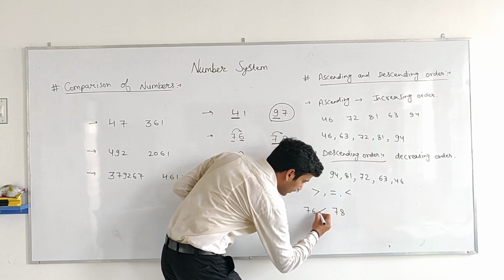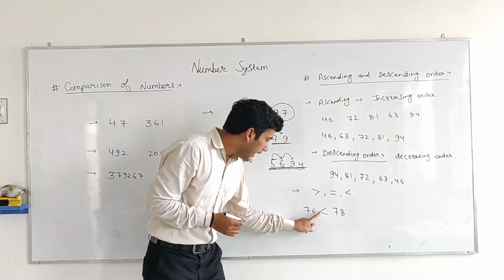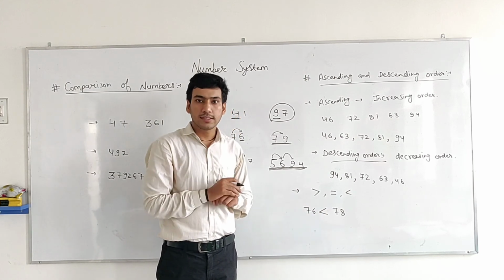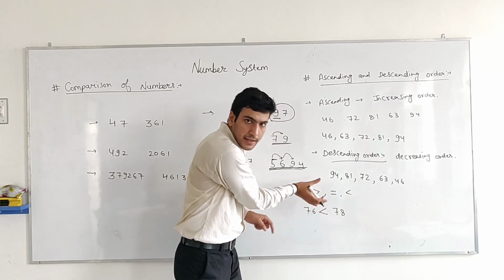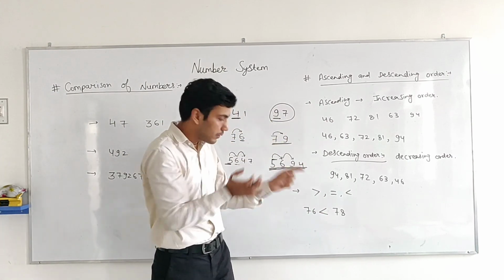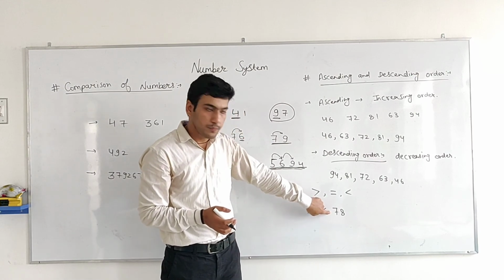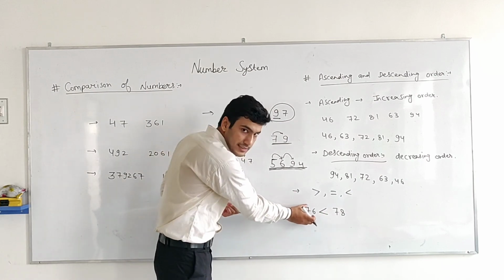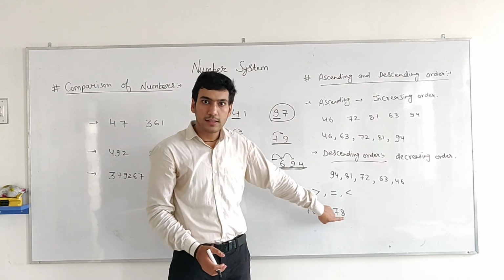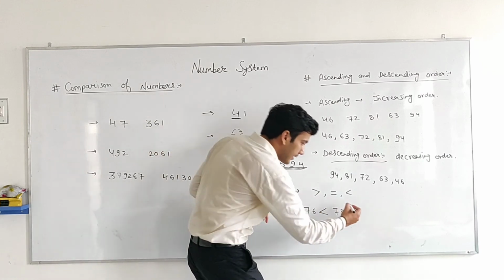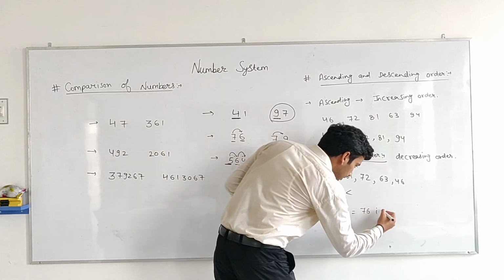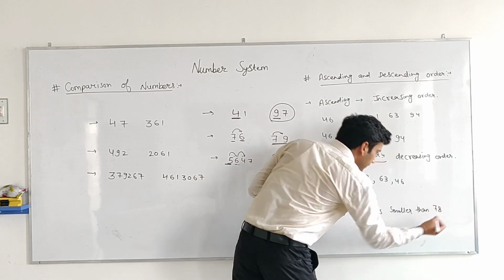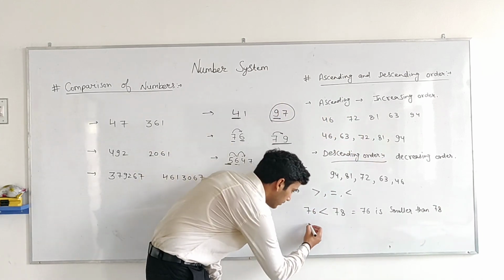Then I have to use this symbol. The pointed head of this symbol represents the lowest number, and the open head, the V shape of this side of the arrow, represents the greater number. The meaning of this symbol is that 76 is smaller than 78.